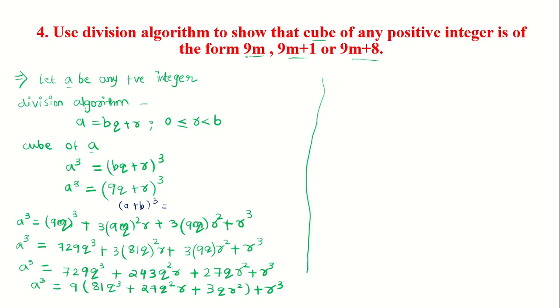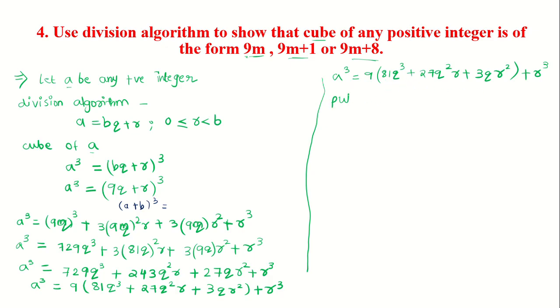Now the equation we got is a cube equals 9 into (81 q cube plus 27 q square r plus 3q r square) plus r cube. Now substitute m in this place.